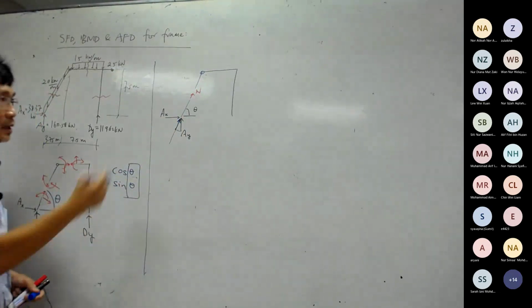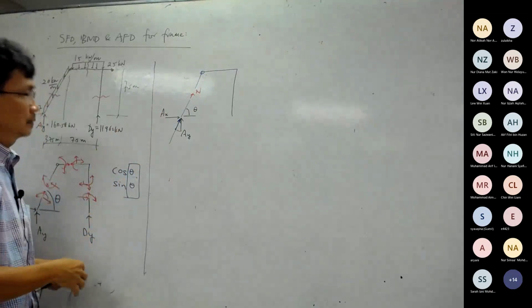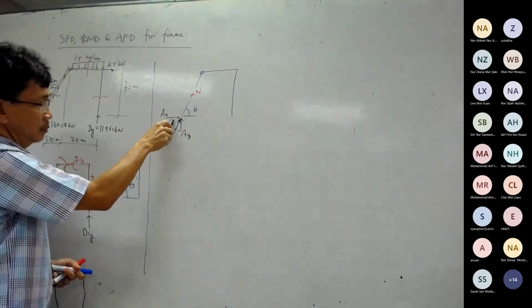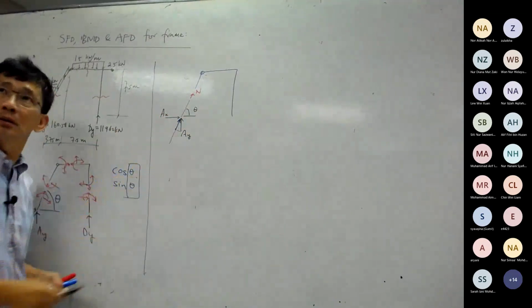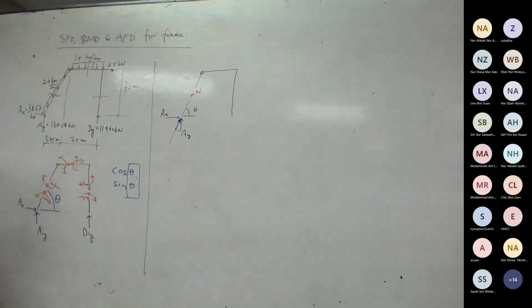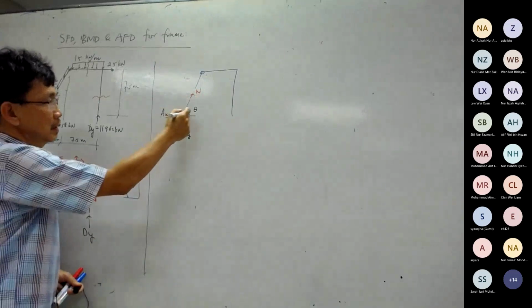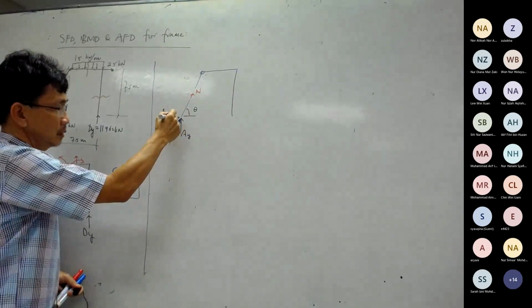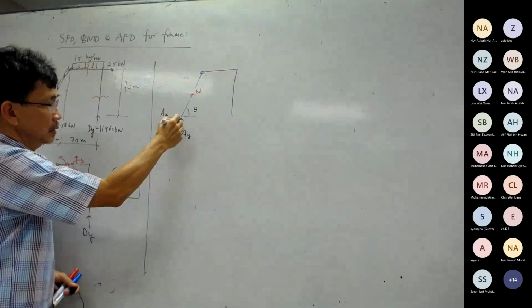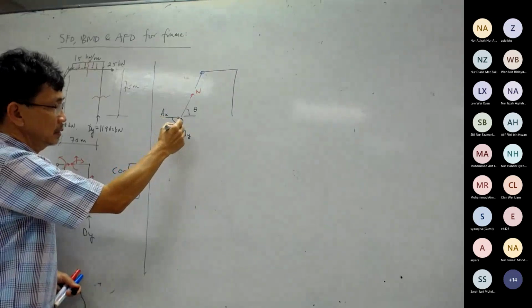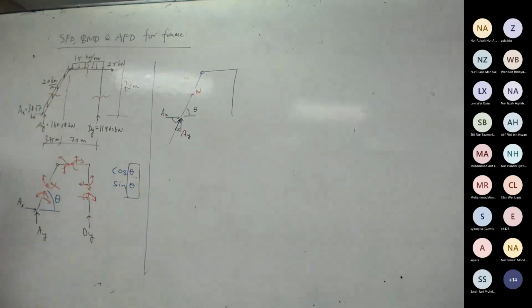If this angle is theta, this should be theta, and this should be theta. So that relationship, you must be able to identify it clearly. This and this opposite angle will be the same. This plus this is 90 degrees, this plus this is 90 degrees, so this must also be theta. So with that, you must get it fast.